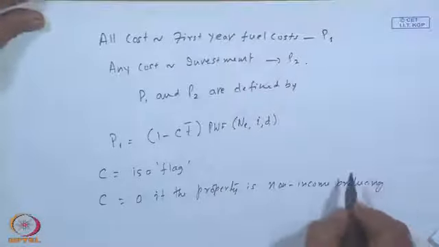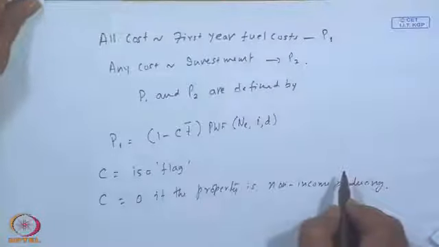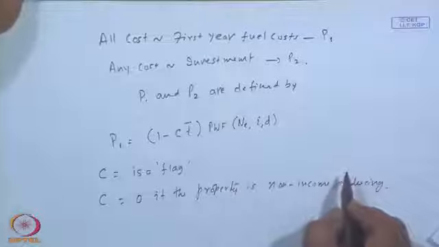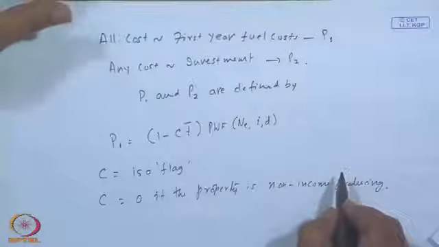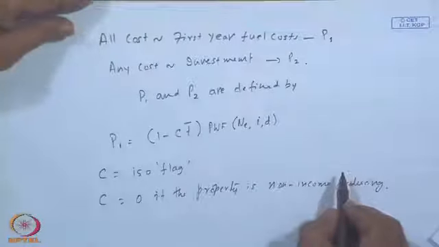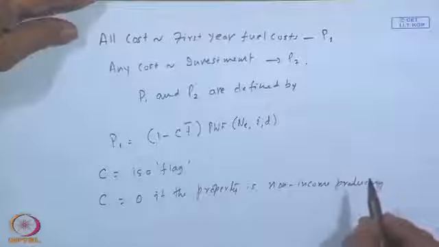In other words, we are distinguishing, even if it is a solar energy hot water system, if it is used domestically for bathing or cleaning the dishes, it is non-income producing.